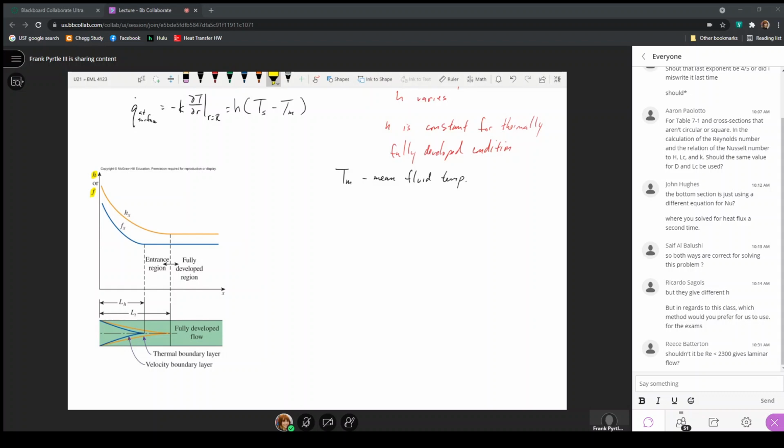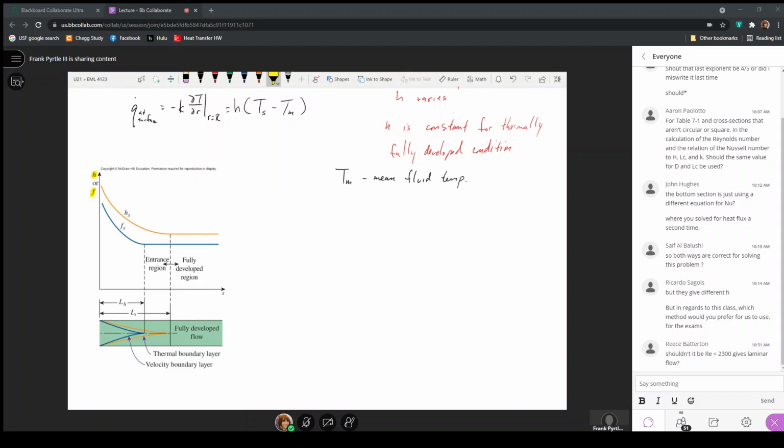When we look here at the blue line, which is the velocity boundary layer growing together in the pipe, that is the beginning of the hydrodynamically fully developed condition, so that the friction factor, f, is infinite at x equals 0, and it becomes a constant once we get to the hydrodynamically fully developed condition where that velocity boundary layer grows together.